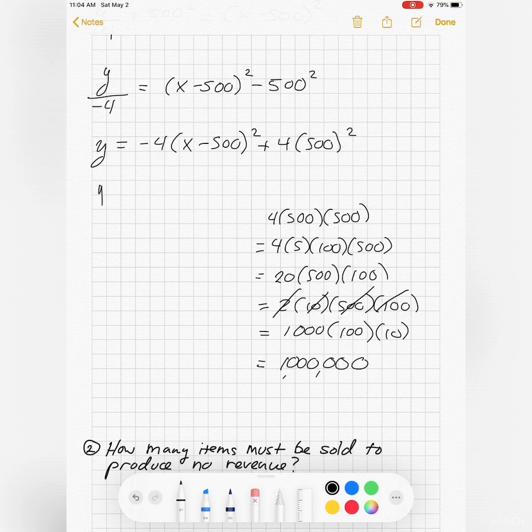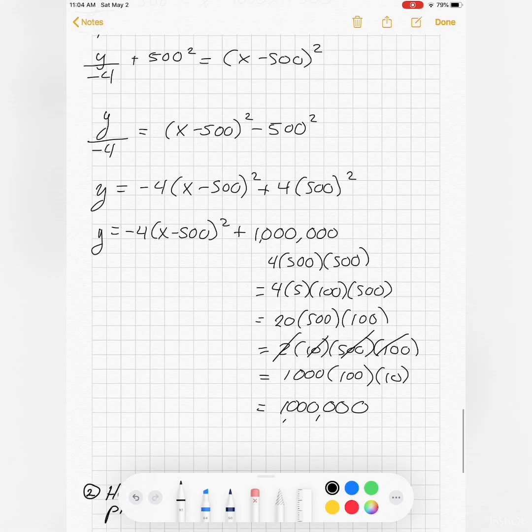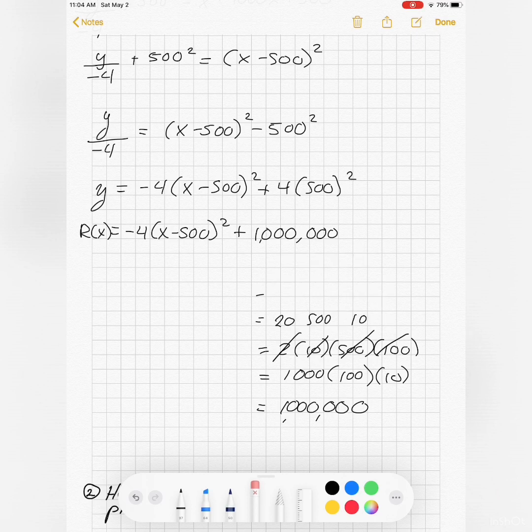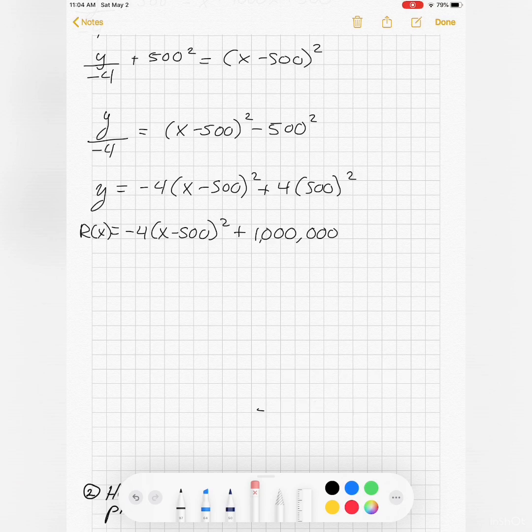Okay, so let me write that in then. And what was this? This was the R of X, the revenue function. That's just scratch work since I wasn't using a calculator.